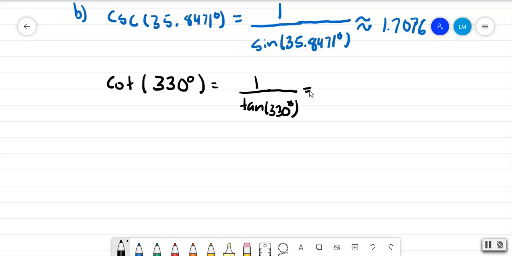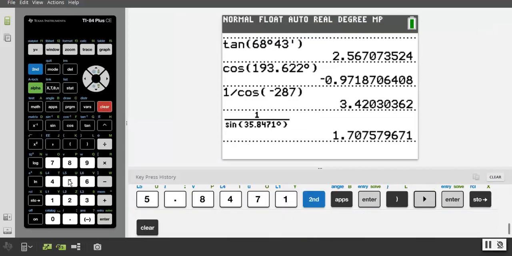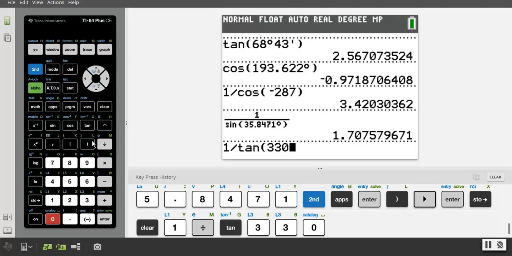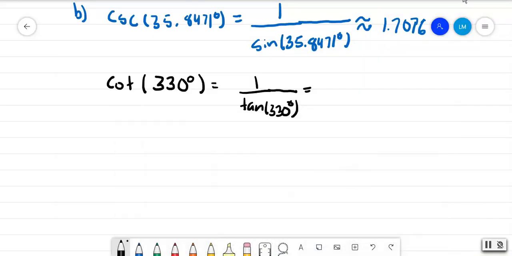But if you go to the calculator and say 1 divided by tangent of 330 degrees, it's going to give you an approximation. So negative 1.7321 if we approximate to 4 decimal places, and we'll just change that to approximately.